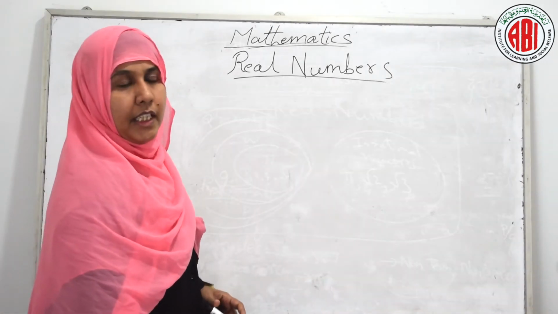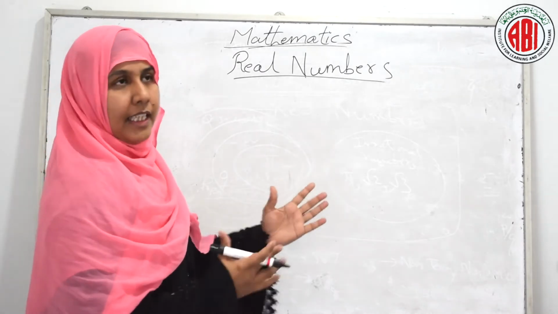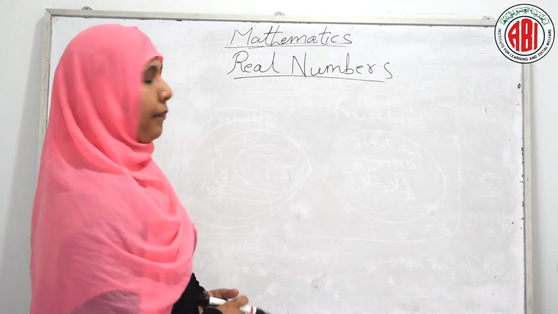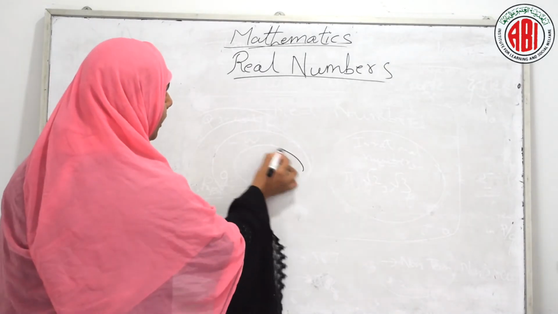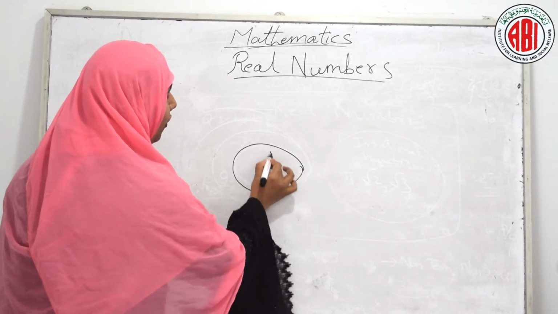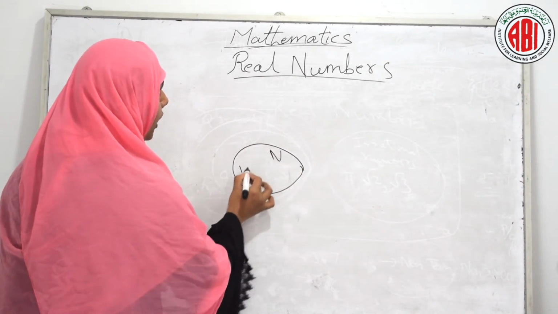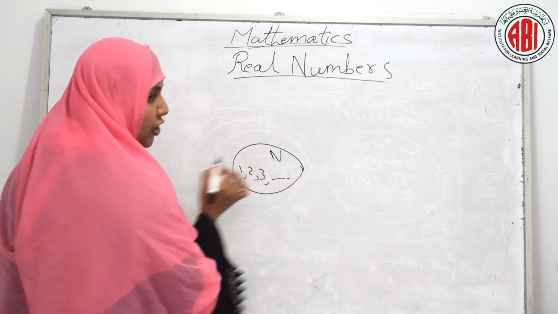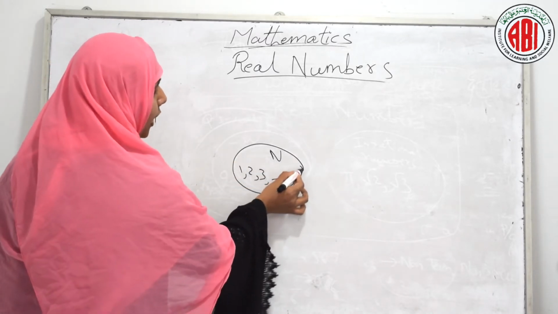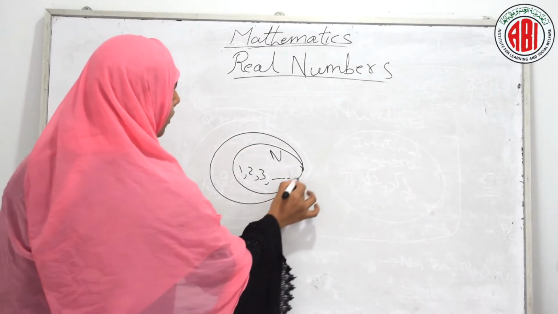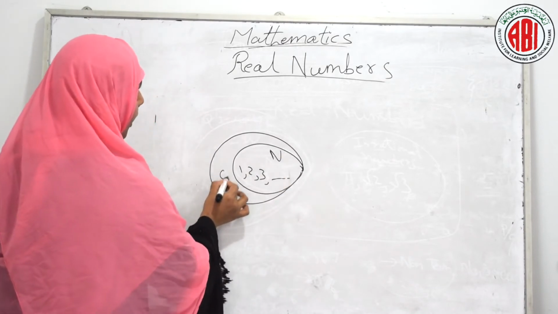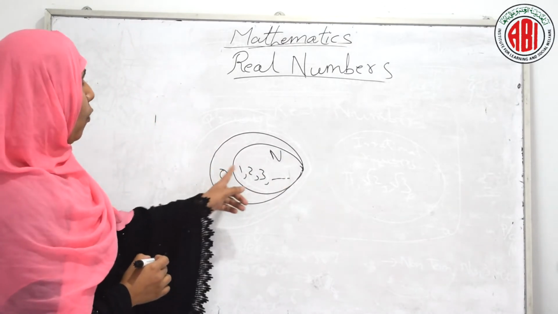Let us look at the Venn diagram of real numbers. First, this is the set of natural numbers: 1, 2, 3, positive numbers. In that we can include one more set, including 0: 0, 1, 2, 3.